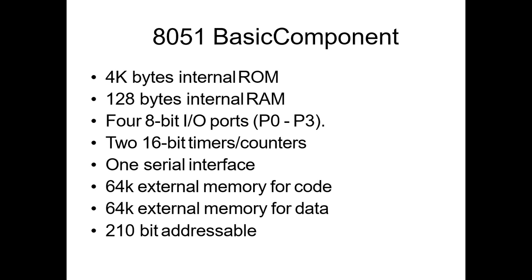As the 8051 is an 8-bit microcontroller, it has 8 data lines and 16 address lines. With 16 address lines, 2 to the power 16 gives 64K, meaning 64 kilobytes of external memory can be accessed, and a total of 210 bit-addressable operations can be carried out using the 8051 microcontroller.